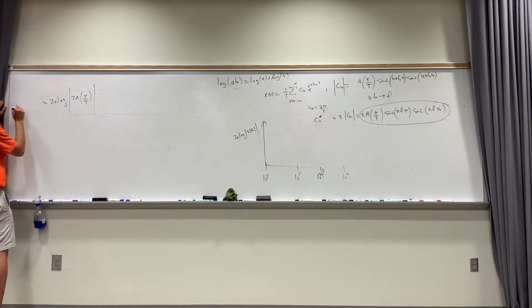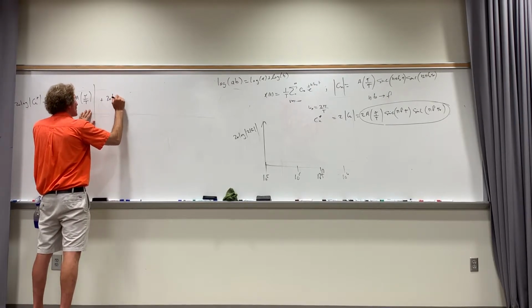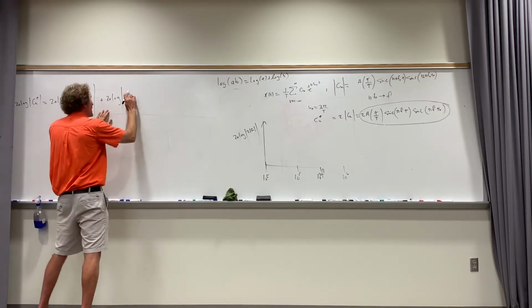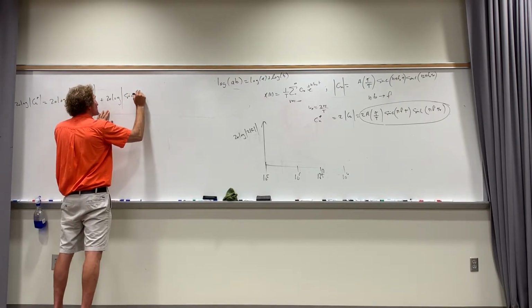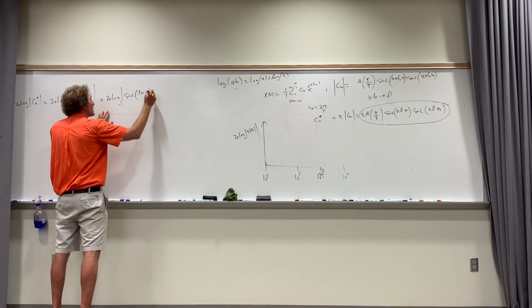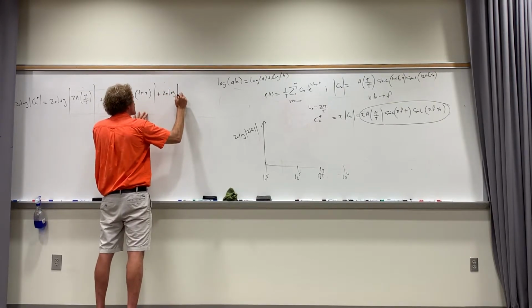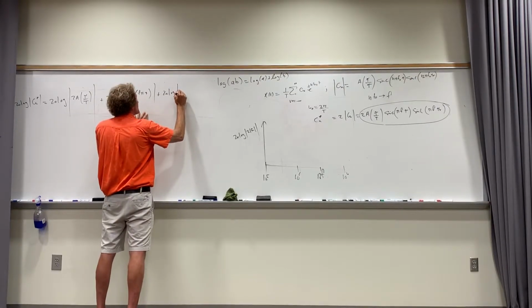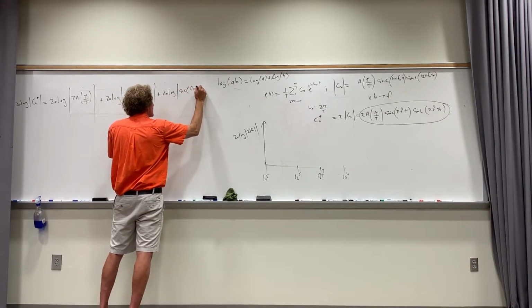This is really 20 times the log of the magnitude of C of n star. Then I have plus 20 times the log of the magnitude of the sinc of f pi tau, and plus 20 times the log of the magnitude of the sinc of f pi tau rise.